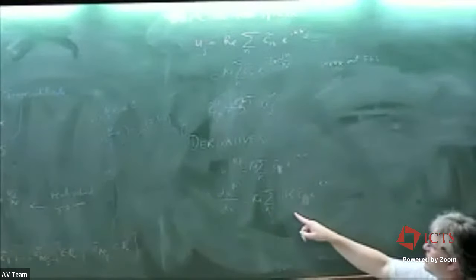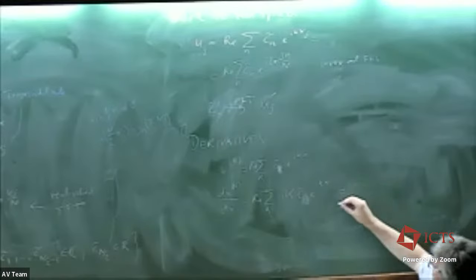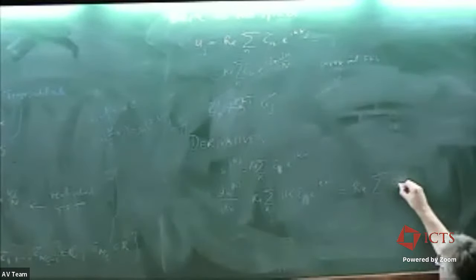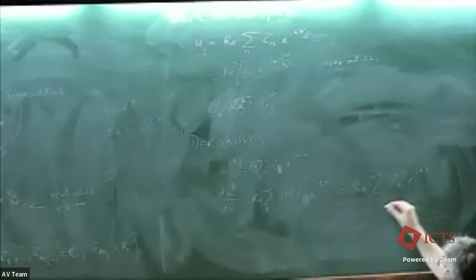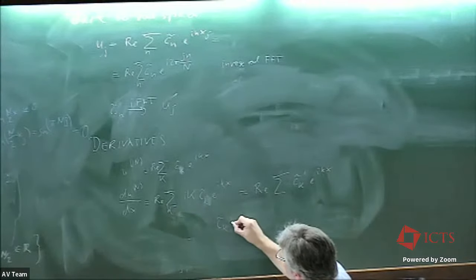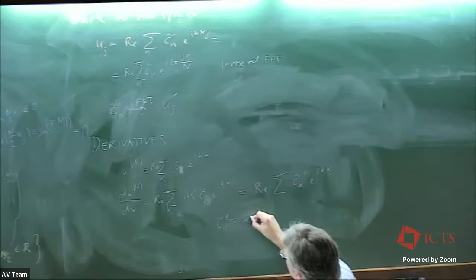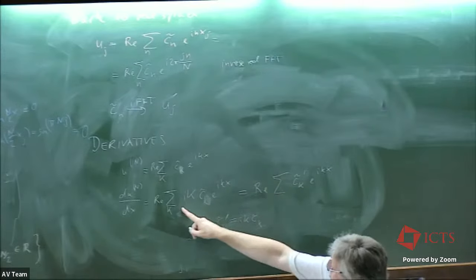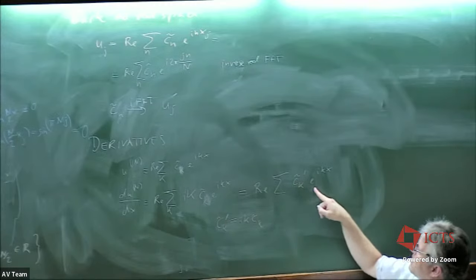And if you look carefully, this is exactly the same series expansion we started out with. So I'm going to write this as the real part of the sum of c_k tilde prime e to the i k x, where c_k tilde prime is i k c_k tilde. So the coefficient gets modified.